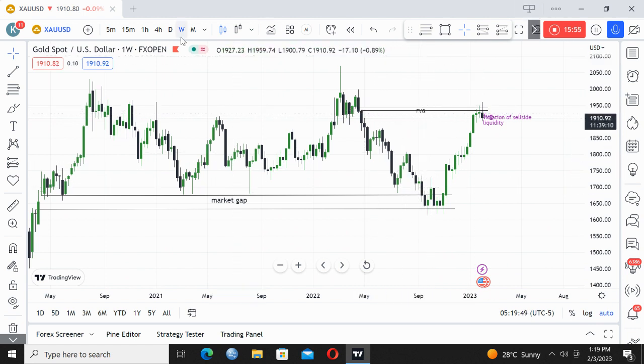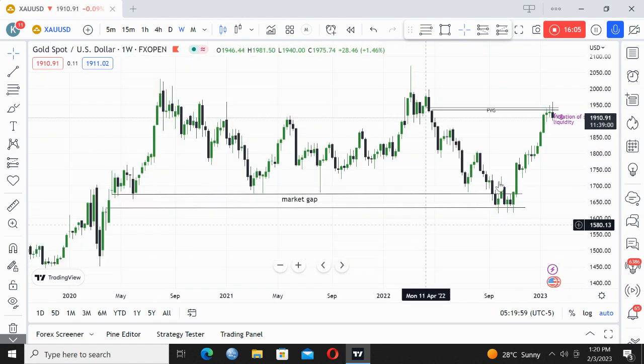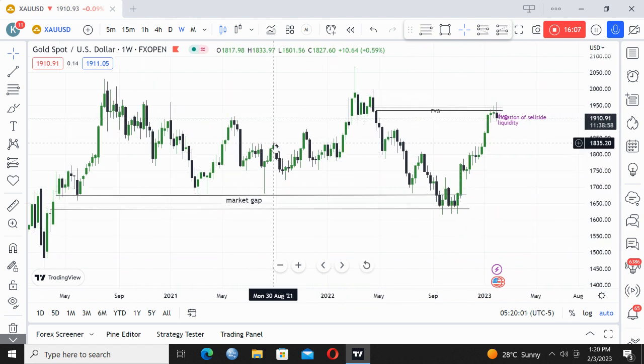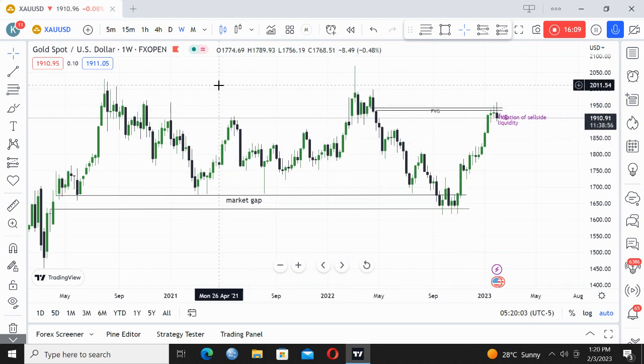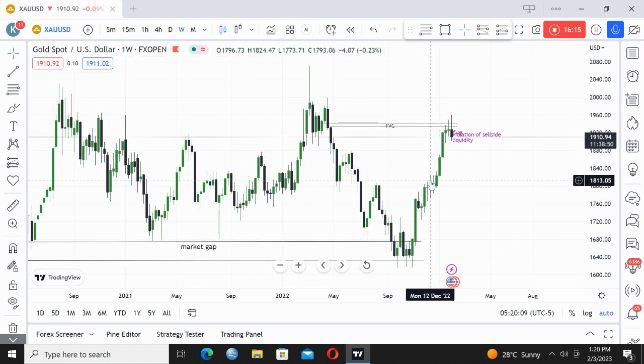This is a weekly chart. The market traded higher to fill that gap. Now I'm expecting the market to trade lower. Remember? So we might be trading lower this month to fill this gap here.